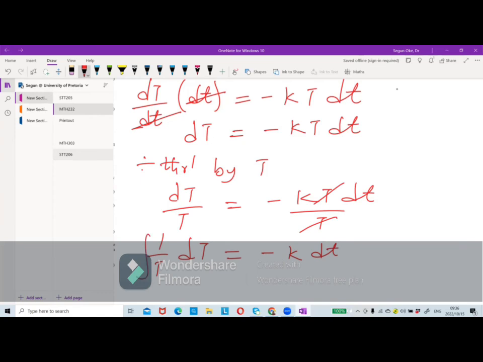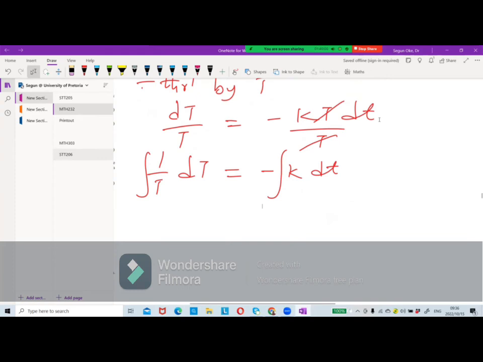Then integrate both sides. What do you have here? We have ln T, and here we have minus kt plus c. Do you agree with me? So take the exponential of both sides.